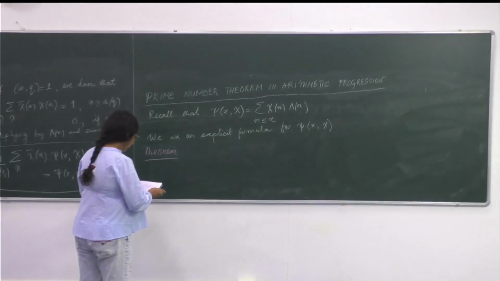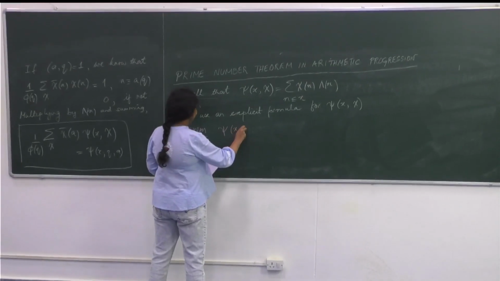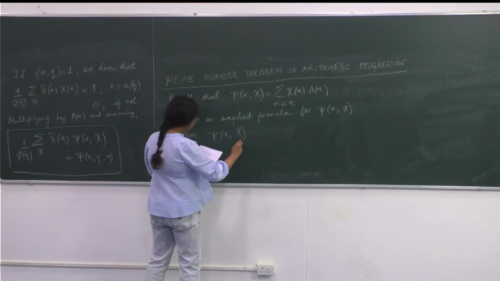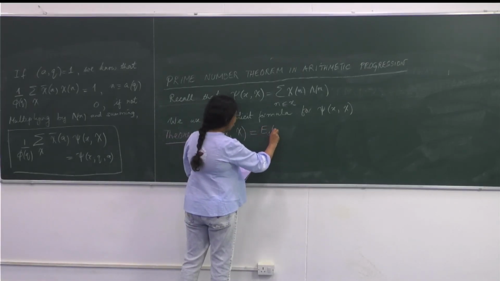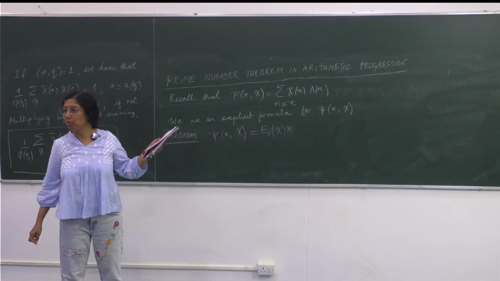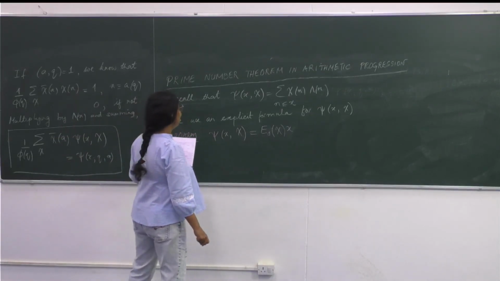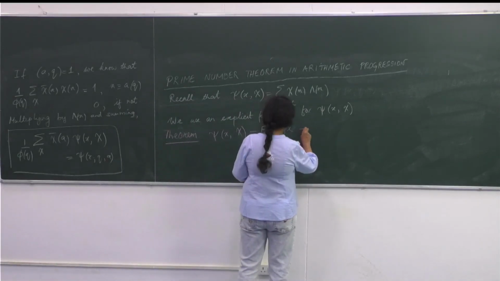It says that psi x chi is equal to E0 chi times x. You remember E0 chi, we've used it before. It's either 1 or 0, depending on whether chi is chi 0 or not. And then an error term.